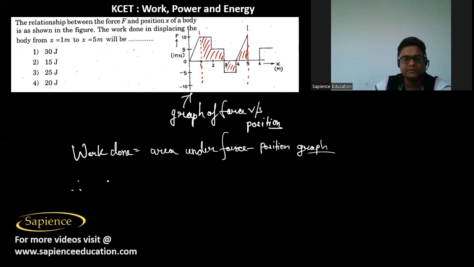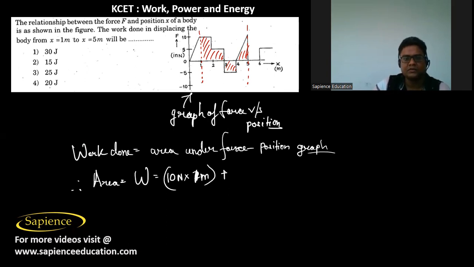Therefore, we can say the area, that is the work done, will be equal to, from x equal to 1 to x equal to 2, this part is a rectangle. So area is length into breadth. So length is 10 Newton and the breadth is, sorry, 1 meter, since 2 minus 1 is 1 meter.